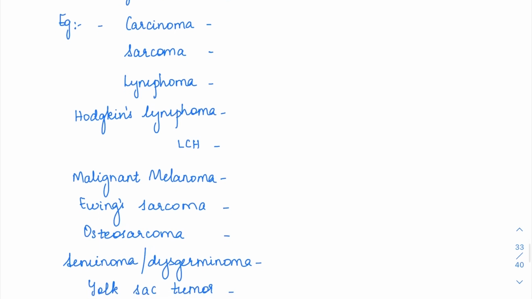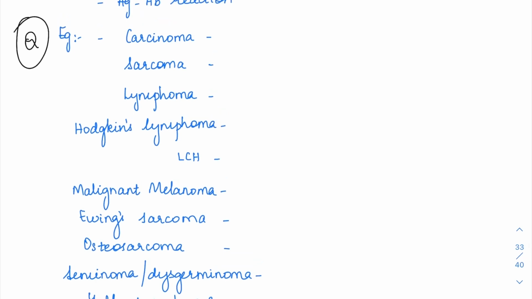Here again, this is an important table for MCQ. To prove that it is a carcinoma, you have to use cytokeratin. Cytokeratin is an intermediate filament expressed by the epithelial cells, and carcinoma is an epithelial malignancy, so cytokeratin is the marker for carcinoma. Similarly, vimentin, again an intermediate filament expressed by mesenchymal cells, is the marker for sarcoma.